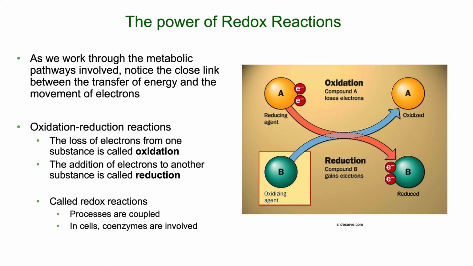In our cells, there are special molecules called coenzymes that are involved in this process that accept the electrons, and we're going to see they accept protons too at the same time. When these types of reactions occur, we combine the names to call them redox reactions, and you're going to see these extensively throughout the rest of this chapter and in the next chapter on photosynthesis, because that's a redox process too.